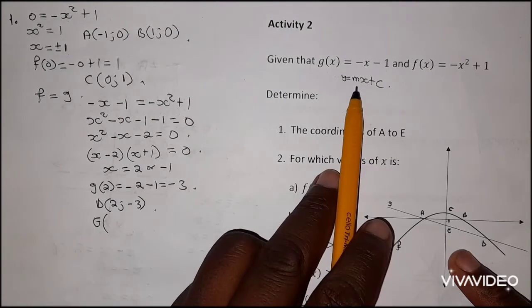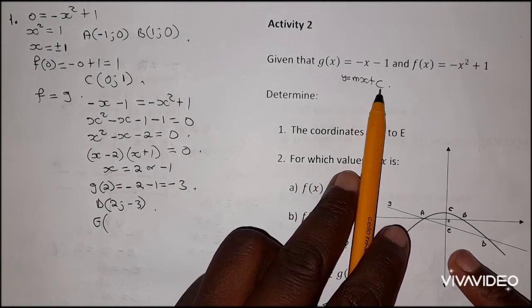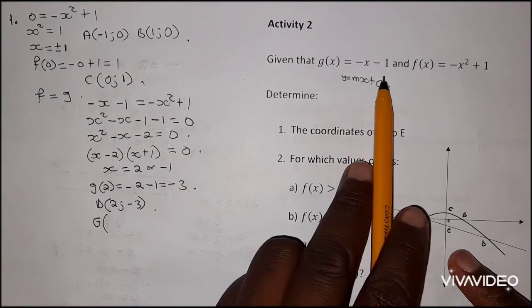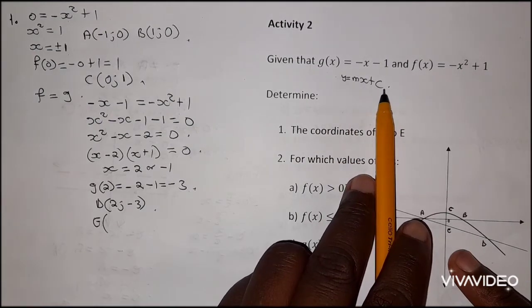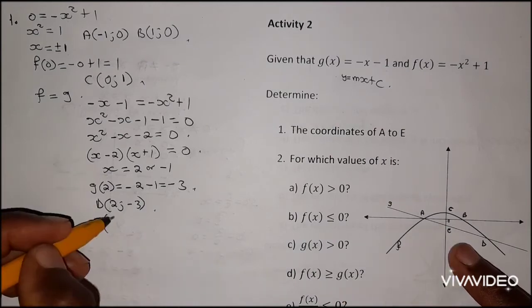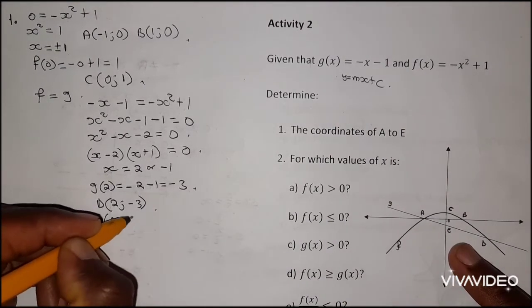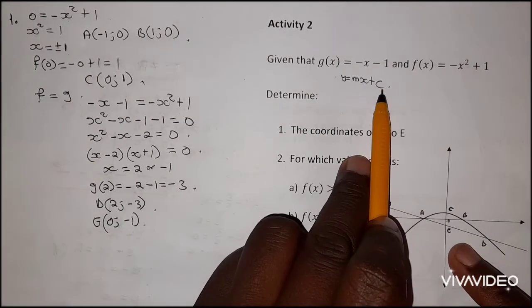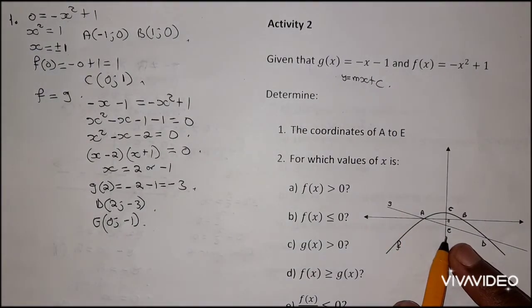So our m is -1, that is our gradient. Our c is also -1. So the coordinate of this one is (0, -1). We get it from the C. So we now have A, B, C, D, E.